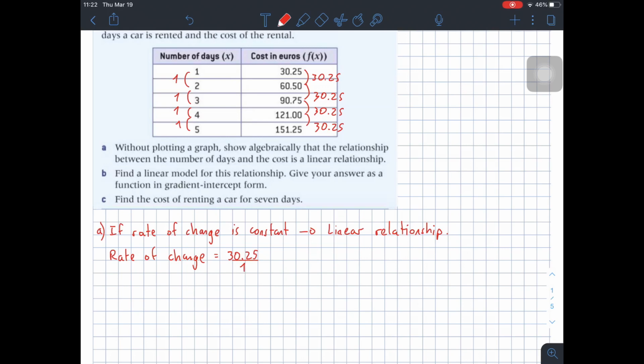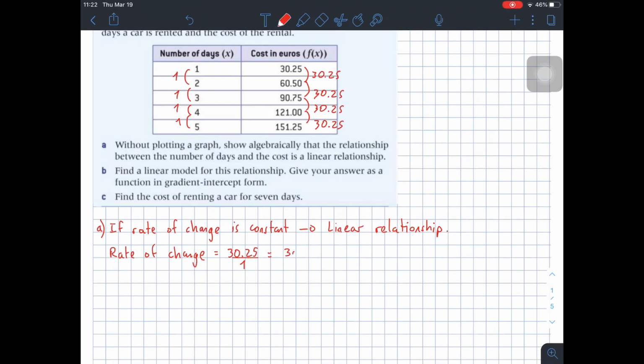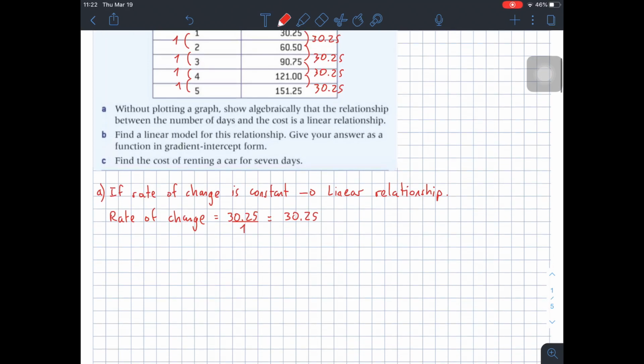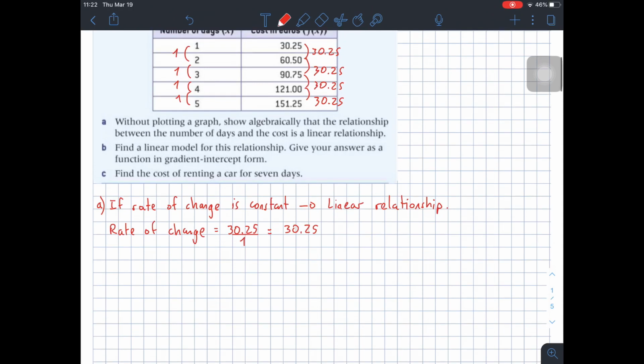Remember, rate of change is the same as the gradient of the line, which is 30.25. Okay, so that's how we show algebraically that the relationship is a linear relationship.